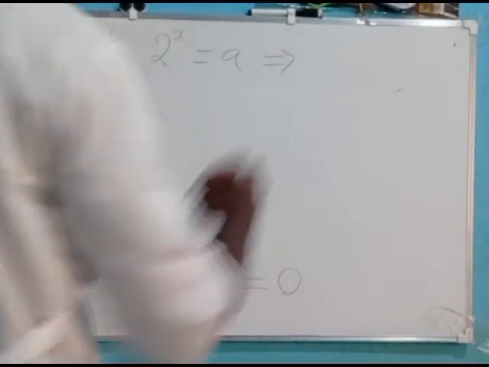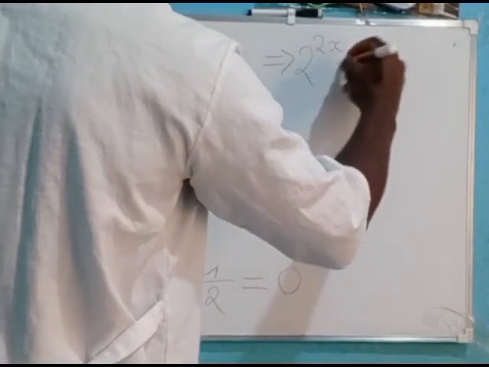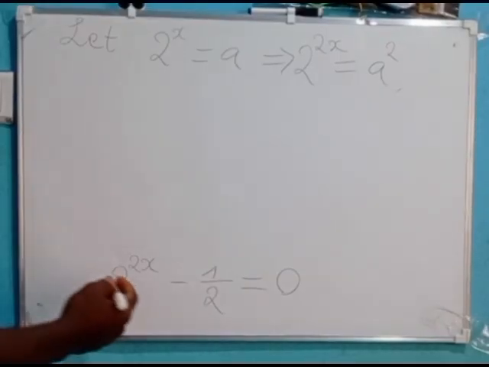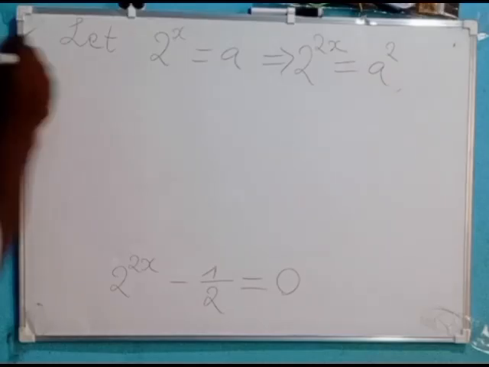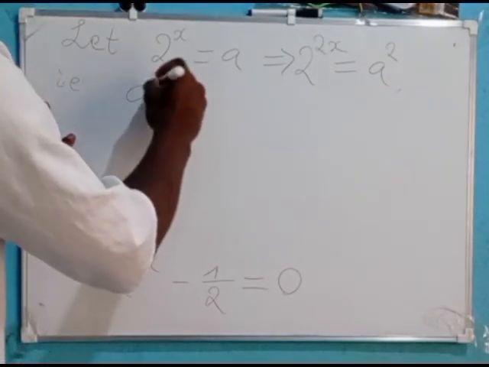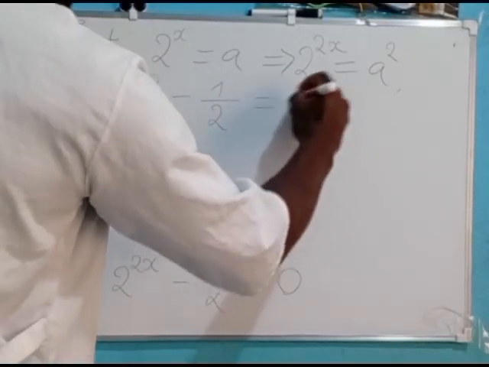Then if we square both sides, 2 raised to the power 2x will be equal to a squared. It simply means in this equation we are going to replace 2 raised to the power 2x with a squared, that is a squared minus a half is equal to 0.